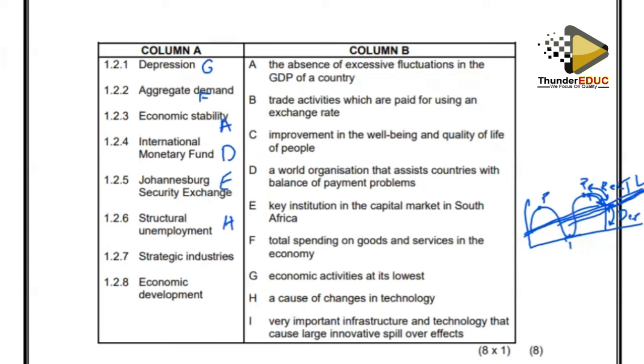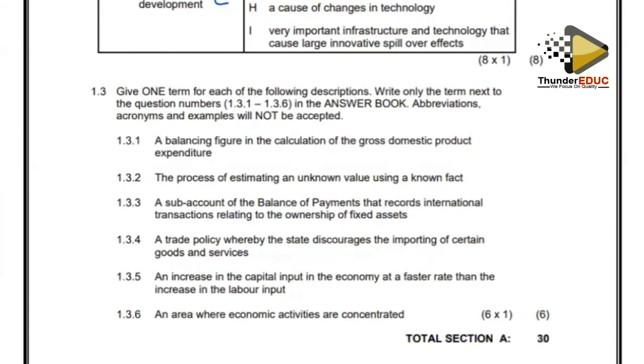The appropriate answer for this one is I. Remember, grade 12s, I did explain this. This is a very important infrastructure and technology that causes a large innovative spillover effect. And then the last one, we have C, which is improvement in the well-being and quality of life of people.